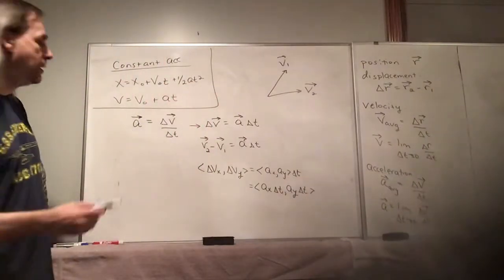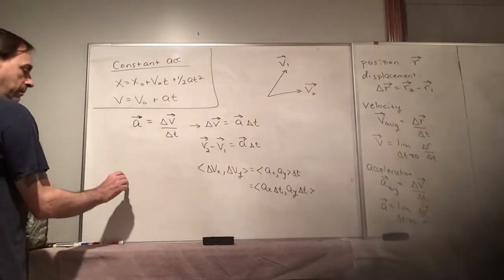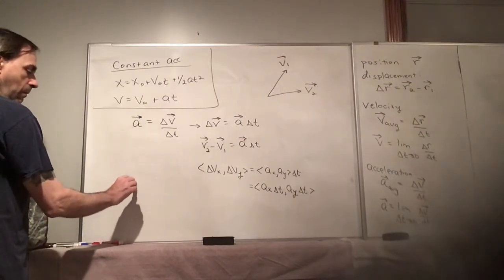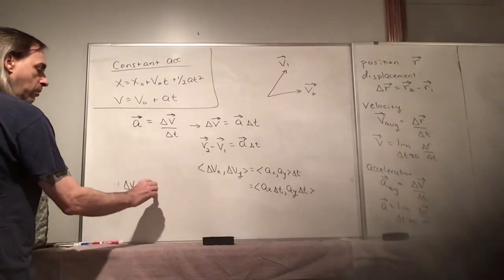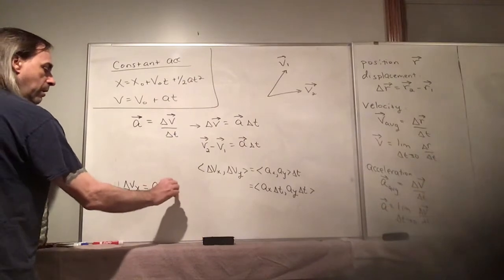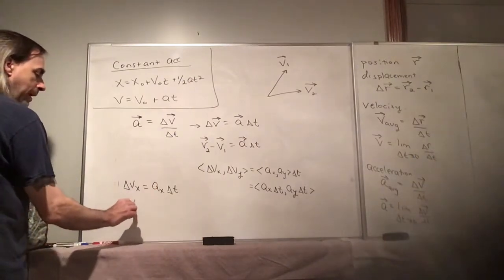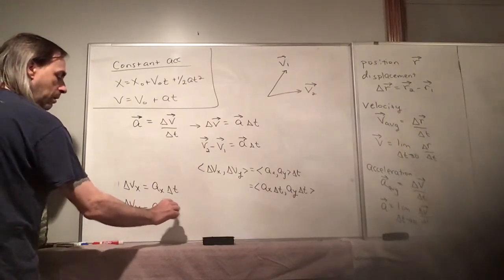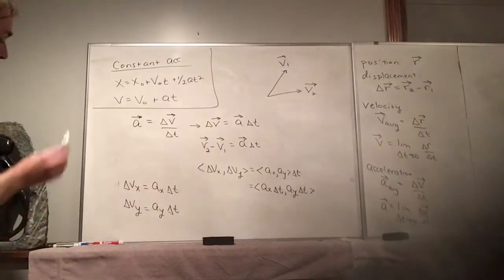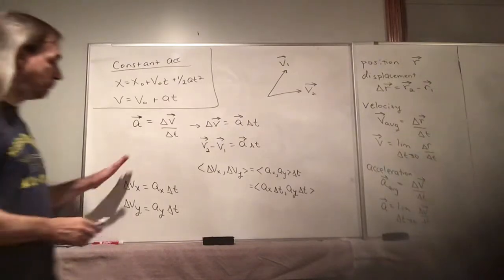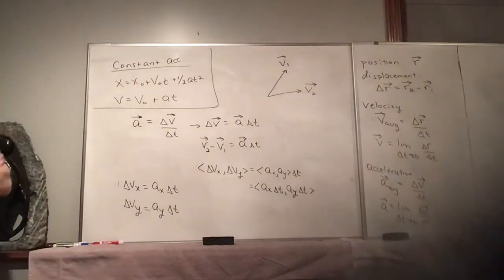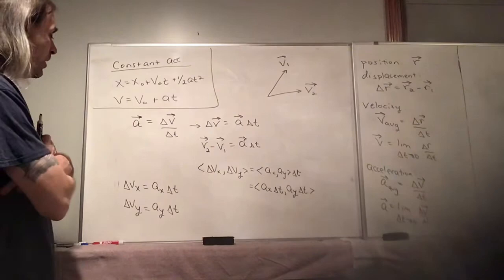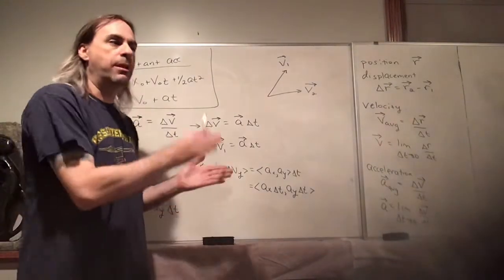So the result is delta Vx is going to be equal to Ax delta t, and delta Vy is going to be equal to Ay delta t. So now we've got that result, and again, this is for some time interval. So let's pick our 2 points, just like we did before.